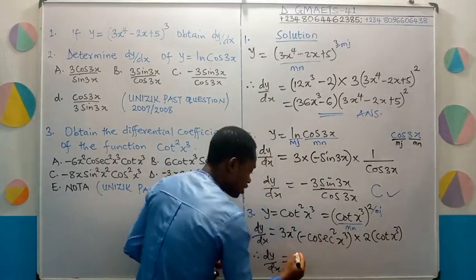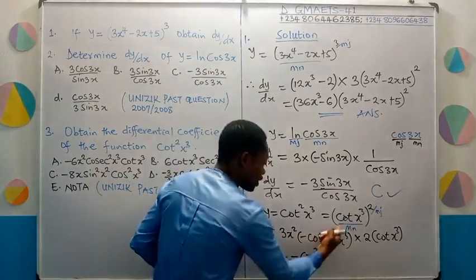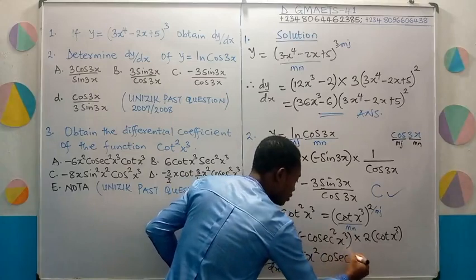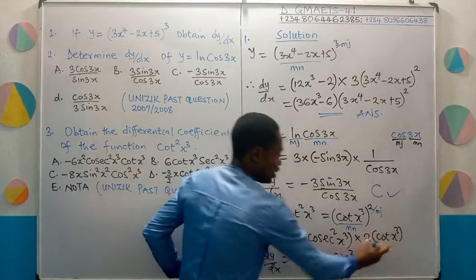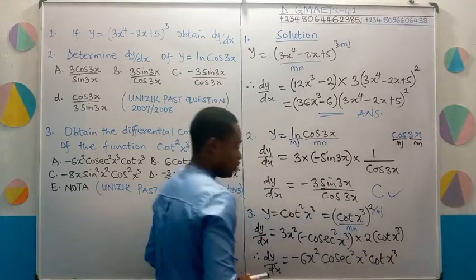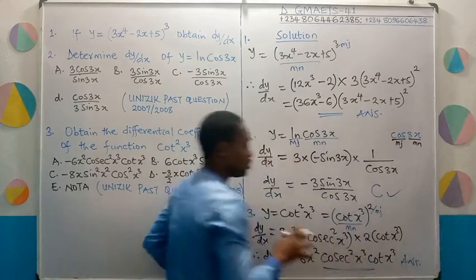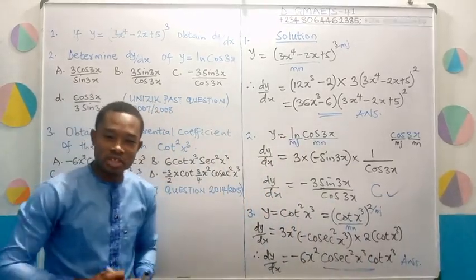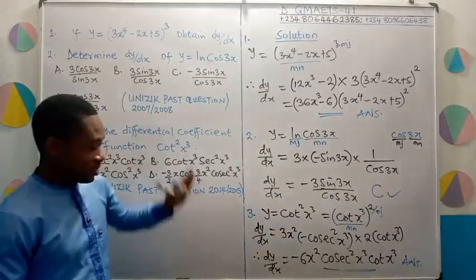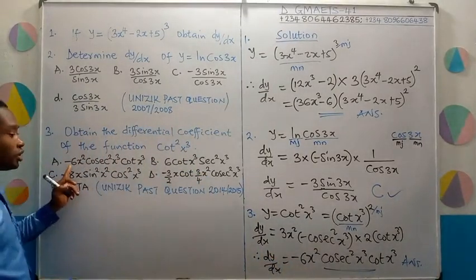And that's going to give us minus 6x squared cosec squared x cubed, and then multiply by this term, which is cot x cubed. This is wonderful. And of course, I've gotten the answer using the major-minor differentiation concept. And of course, this simply tells us that the correct option is option A.